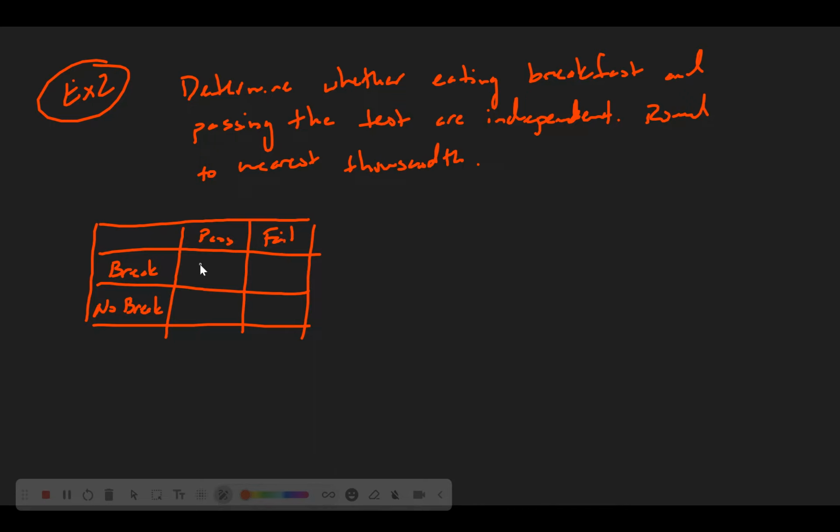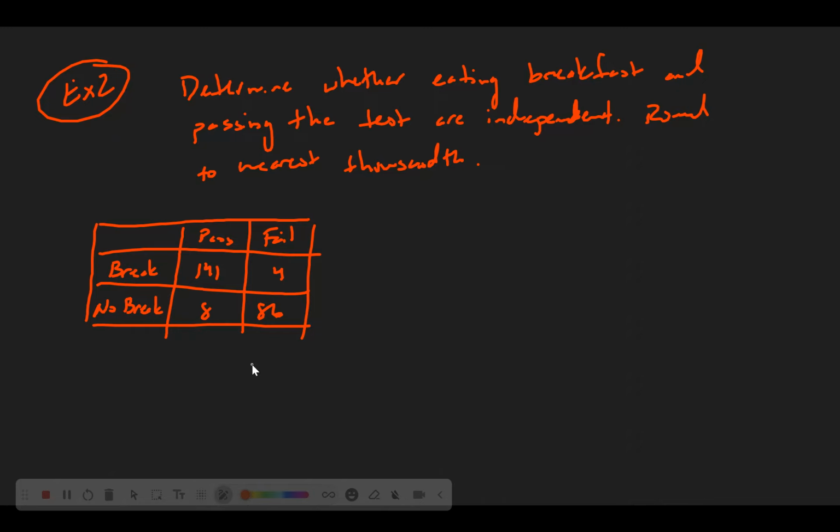And our numbers are 1, 41, 4, 8, and 86. Okay, so what we want to do is determine whether eating breakfast and passing the test are independent.